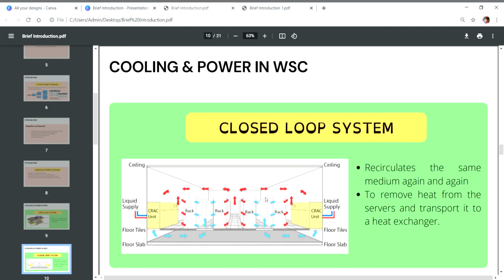For the closed loop system, it recirculates the same medium again and again, transferring the heat to the upper loop in the heat exchanger. As you can see, these blue and red arrows recirculate within the racks, and the function is to remove the heat from the server and transport it to the heat exchanger.